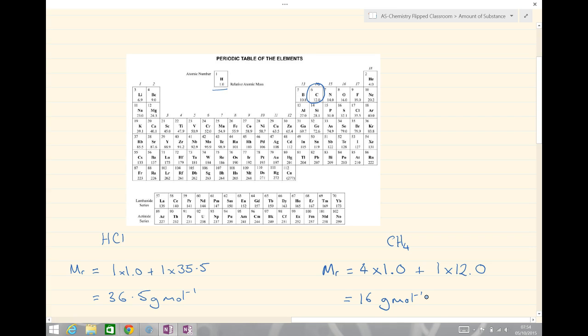One other more complicated one we'll look at will be something like copper sulfate, where we might have waters associated. We'll look at that later on.